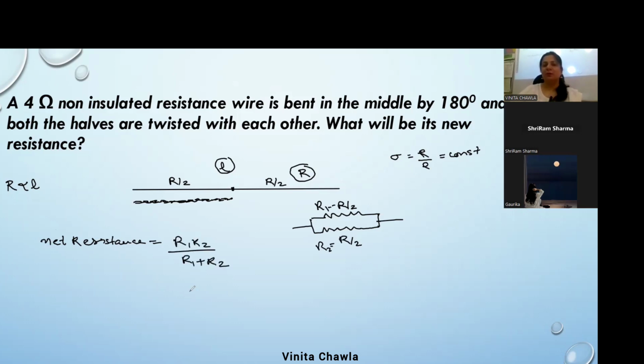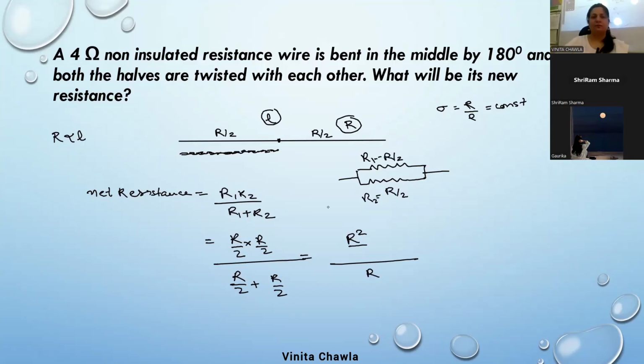So it's R by 2 into R by 2 divided by R by 2 plus R by 2. Also, when we have equal resistances connected in parallel, we halve the magnitude. Both are R by 2, so in parallel the net resistance will be R by 4.